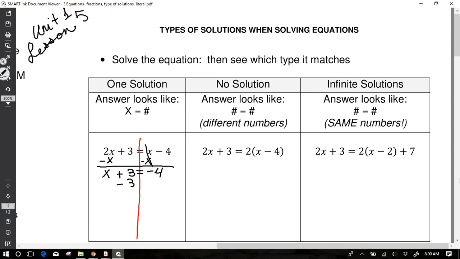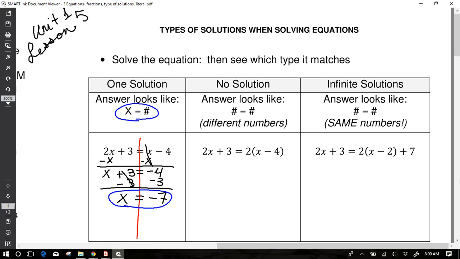So let's subtract 3. That will cancel, and I am now left with x equals negative 7. So that is x equals a number. And that is one solution that satisfies that equation.